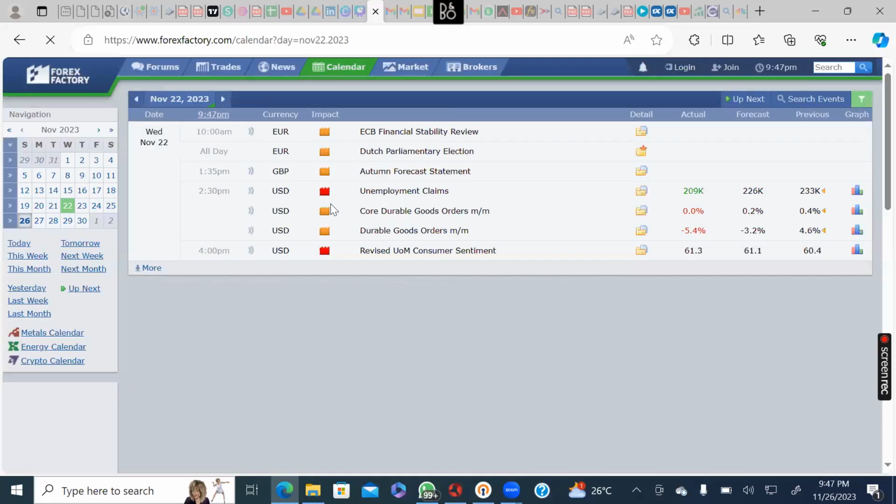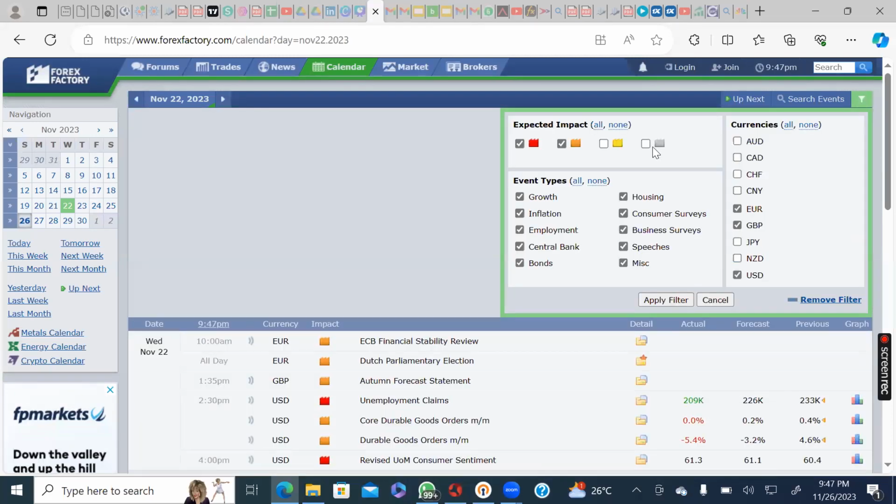If you want to check the news for the week, go to forexfactory.com and you need to filter your news, because if you open forexfactory.com for the first time, you have plenty of news that are not really necessary in the market. If you want to filter it, all you need to do is come to this green funnel, click on it, then you will see something like this. You have to untick these ones and leave these two.